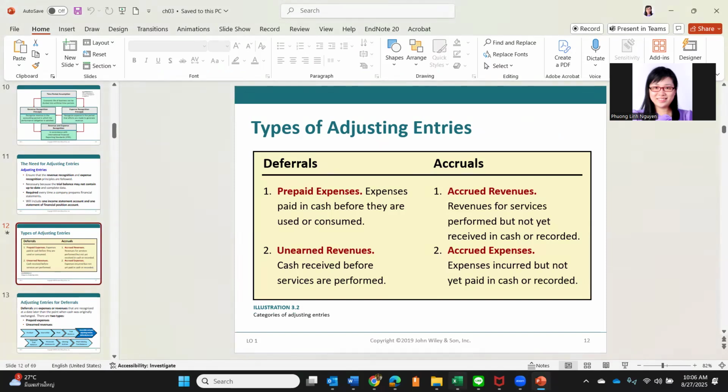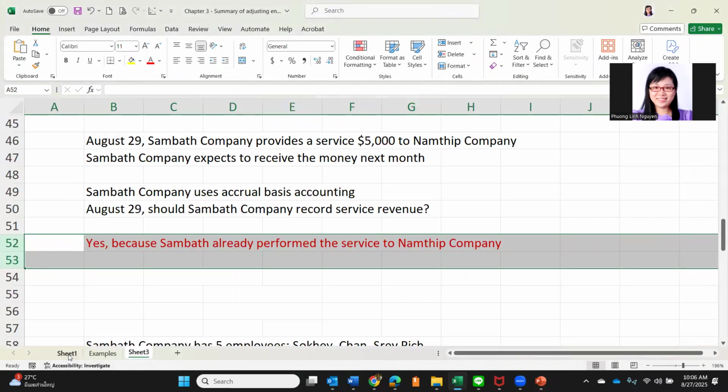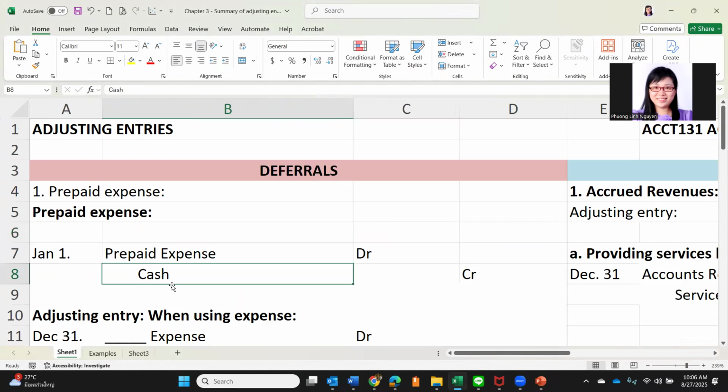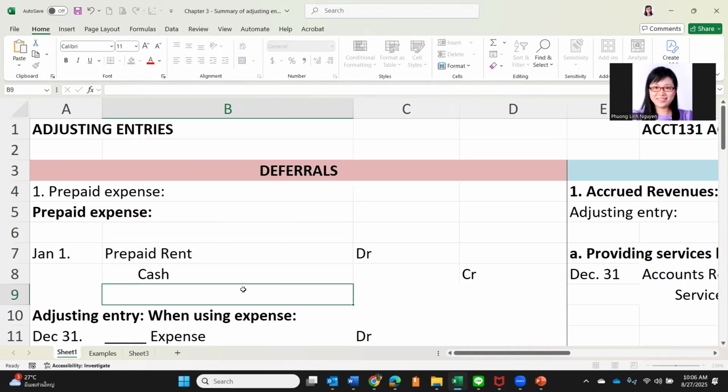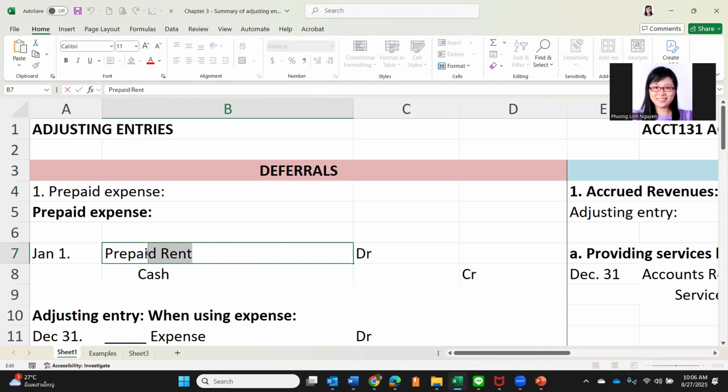Now let's look at the adjusting journal entry. For prepaid expenses, we prepay for some expenses ahead of time. For example, if you prepay for the rent 6 months in advance, we're going to have prepaid rent. Or if you prepay for insurance 1 year in advance, we're going to have prepaid insurance.